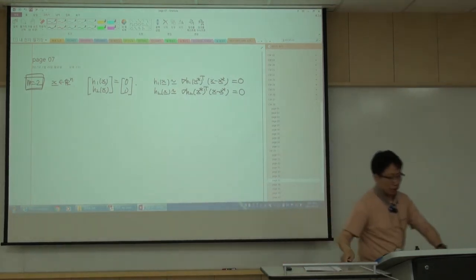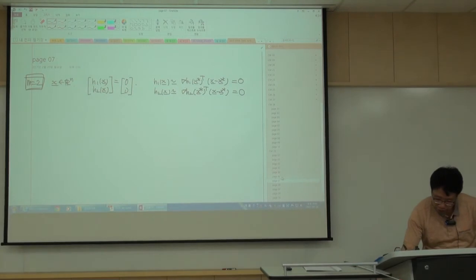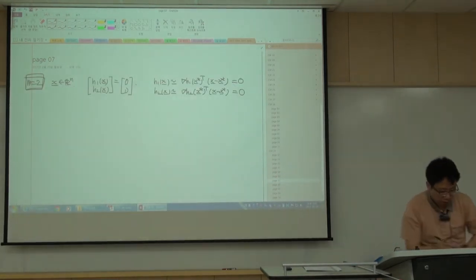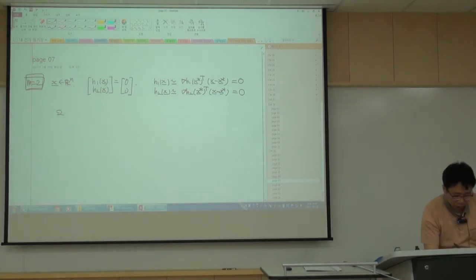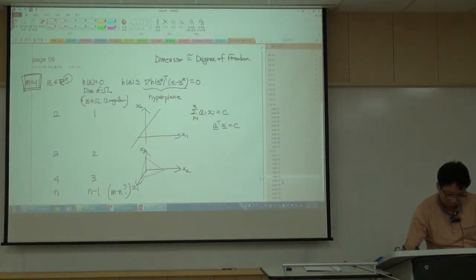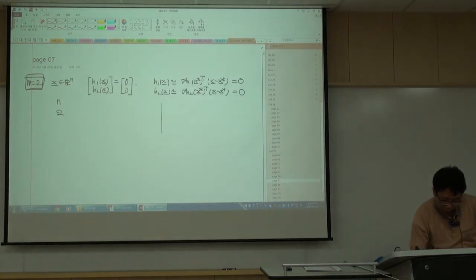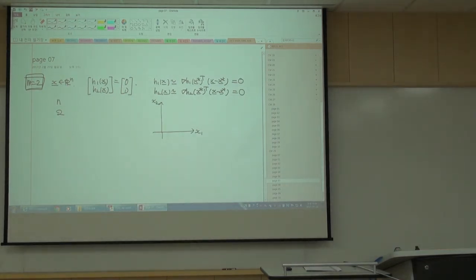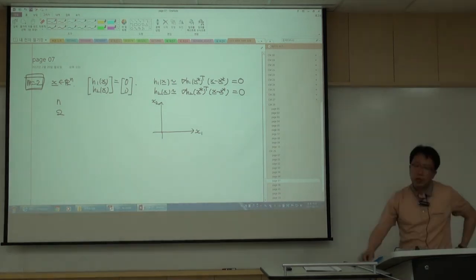Now let's see the two-dimensional case, with x1, x2. What can we say? There are three cases, actually.